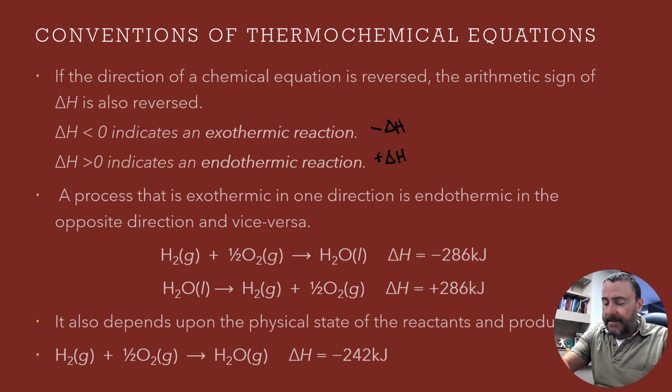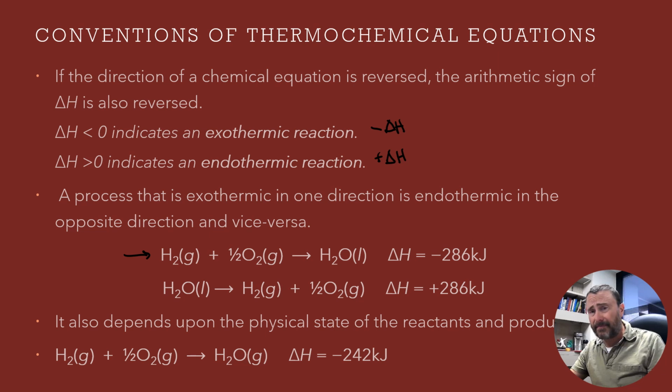The next statement says that if a process is exothermic in one direction, it is endothermic in the opposite direction. On our previous slide, we saw that hydrogen plus 1/2 an oxygen producing liquid water had an enthalpy change of negative 286 kilojoules. That is an exothermic reaction. Now look at the next equation.